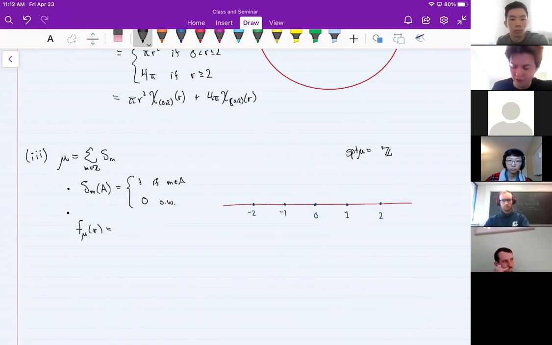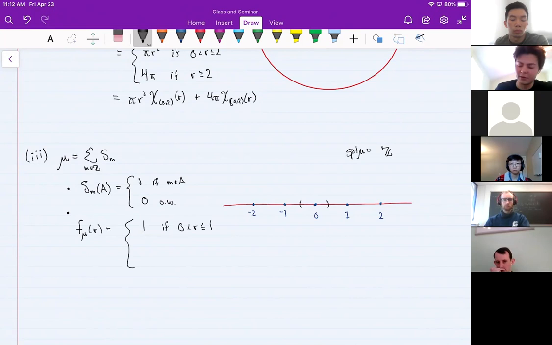If I look at the ball centered around 0, at first I have radii which are small, so they're only containing the point 0. So at first my measure will just be 1. It'll be 1 if r is between 0 and 1.